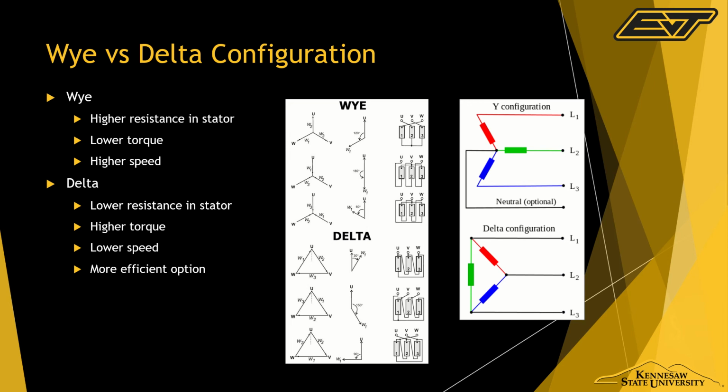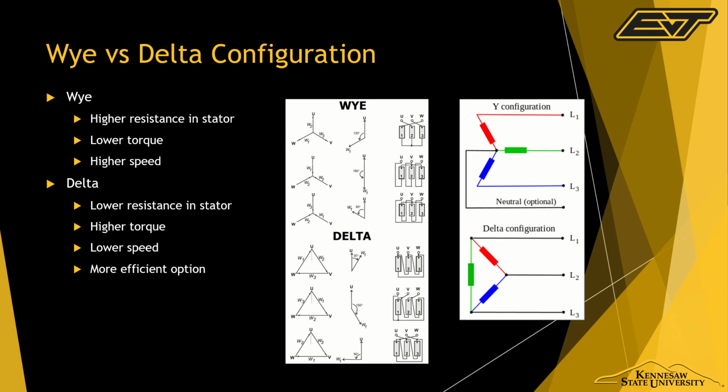Now, I would not recommend changing the Y or delta of a motor, and the reason why is because the Y configuration produces higher induction voltage inside your windings, which can cause arcing and insulation breakdown.